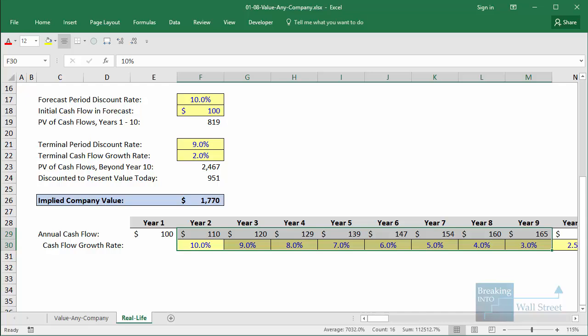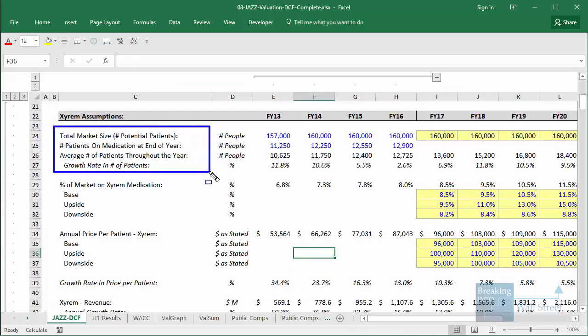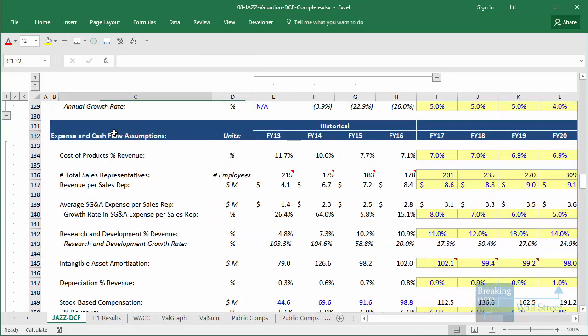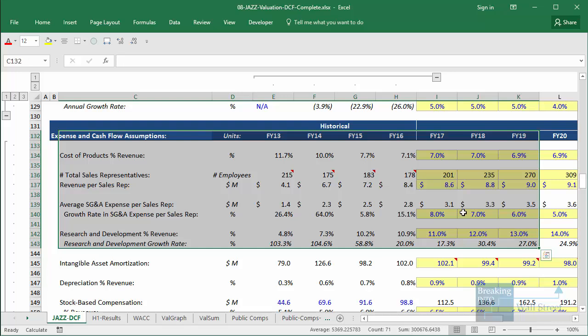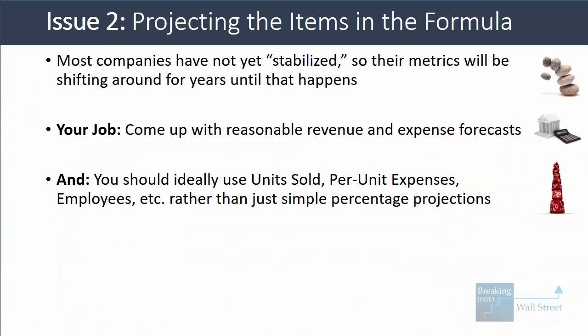But in real life, when you're dealing with a valuation, you might look at the total market size and the number of patients on a medication if it's a healthcare company, for example, and then you have to estimate the pricing, and then you have to use all of that and come up with how much it costs to actually sell these drugs and how sales reps are compensated. And so the entire process gets considerably more complex than just simple percentages.